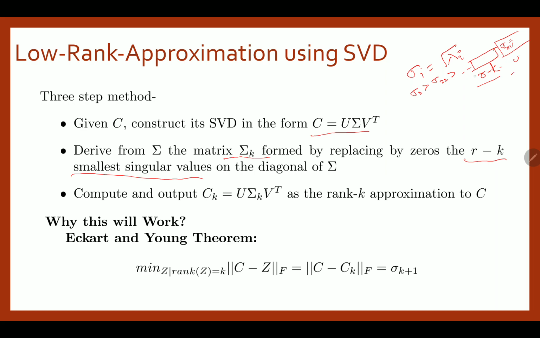So everything becomes 0 now, and then we compute the matrix Ck by considering this modified diagonal matrix sigma K, where now only the K entries are non-zero. The R minus K entries have been made 0, and the rest of the entries are anyway 0.